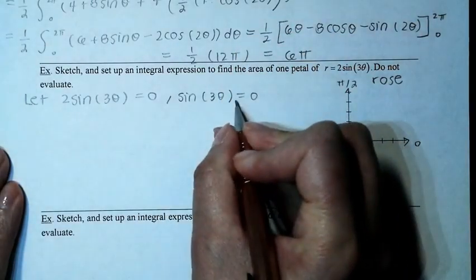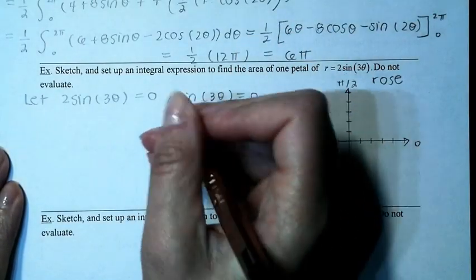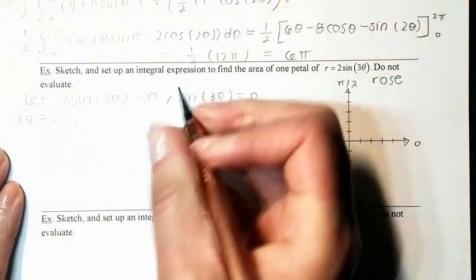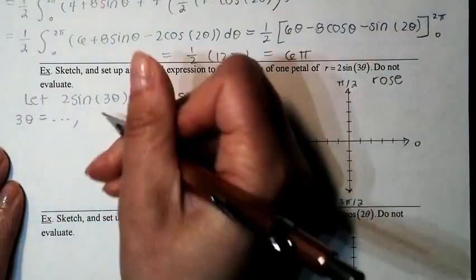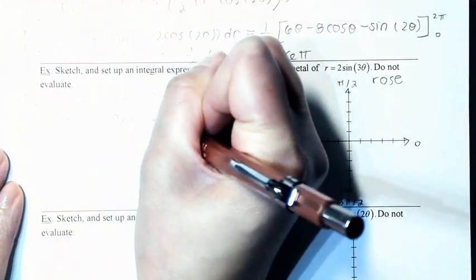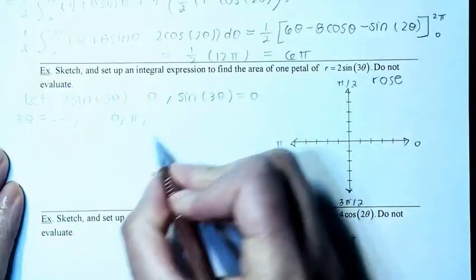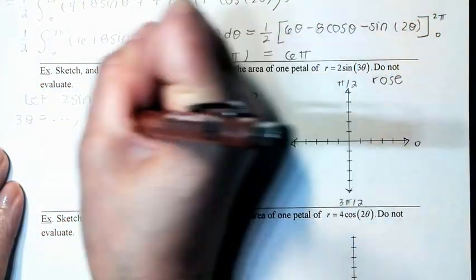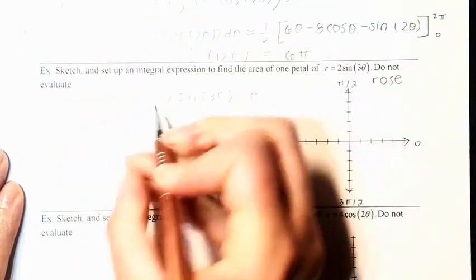When that happens, you know your unit circle. You know that in this case, 3 theta would be equal to many numbers. The first one that comes to mind, obviously, is 0, then pi and more. They are not telling you that it's restricted, therefore you have a lot. You know that it's also going to be at negative pi, FYI.